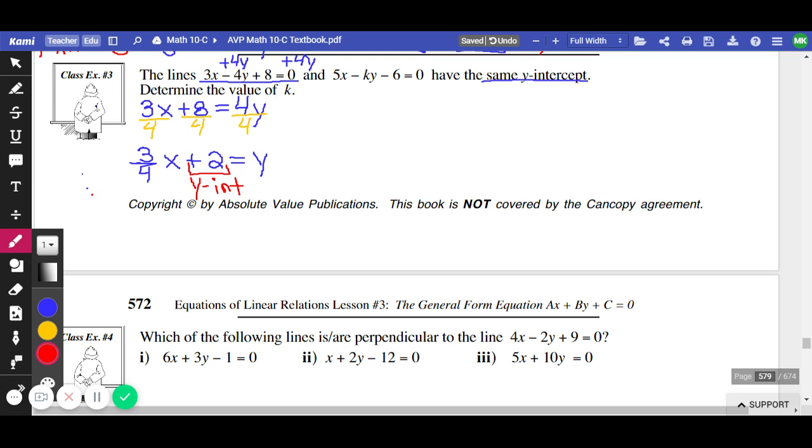Let's try it. Looking at this, I need to get y by itself. It has negative ky. I need to get that to the other side. The way I can move that to the other side is just like treating k as a number. So if I had negative 4y, I would just add 4y. If I had negative ky, I would just add ky to the other side.